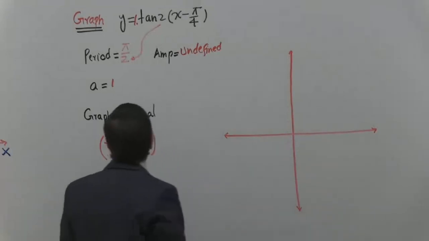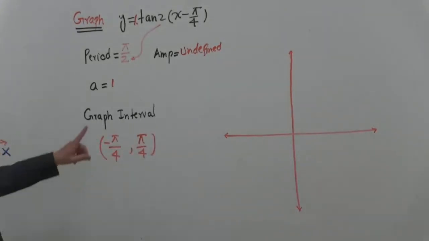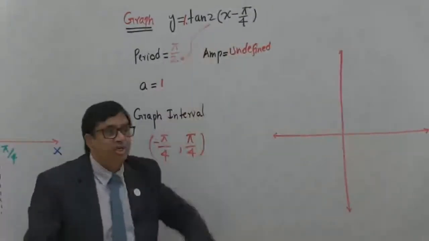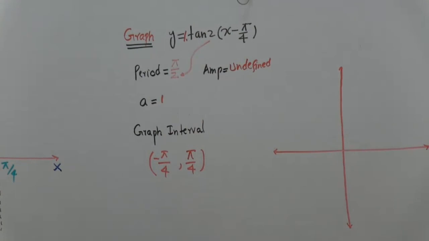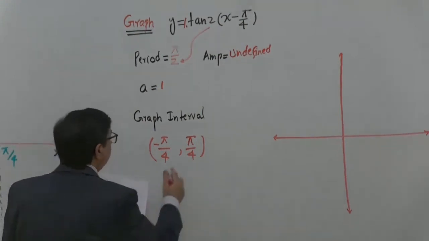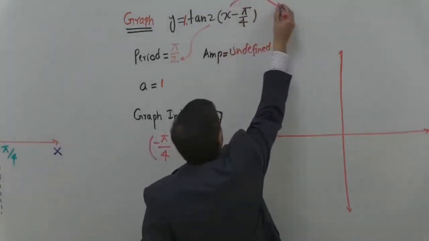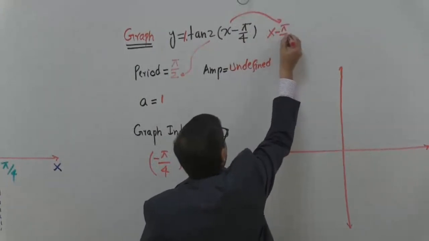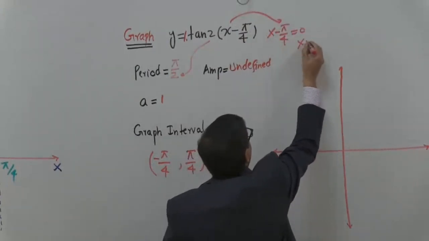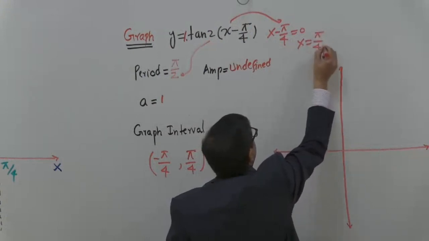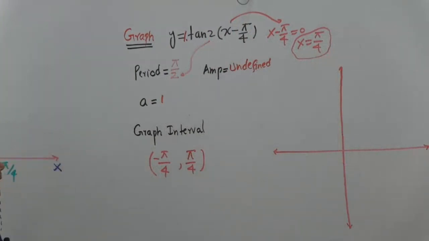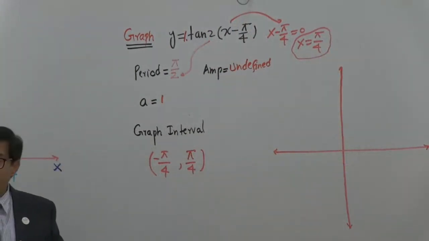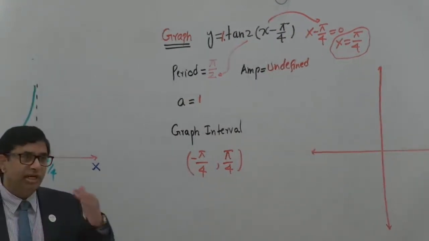But see here one thing. Phase shift is there. X minus pi over 4. So starting position and ending position will be different. So if we go for the phase shift, you put x minus pi over 4 equal to 0, and this gives you x is equal to pi over 4. Phase shift will affect its starting position and ending position.